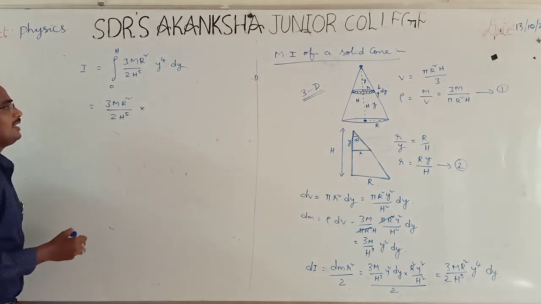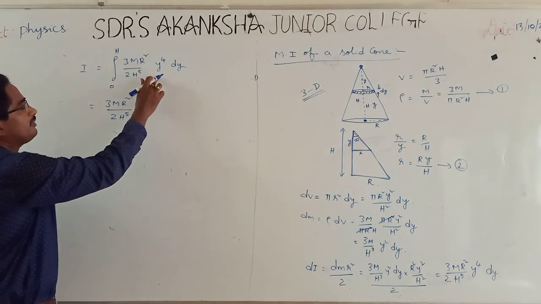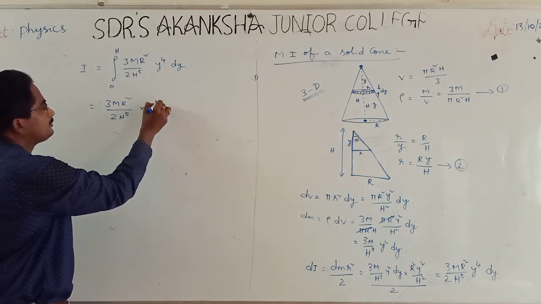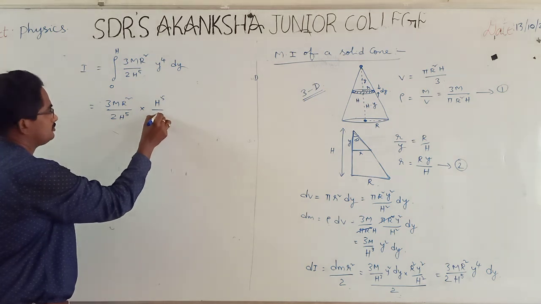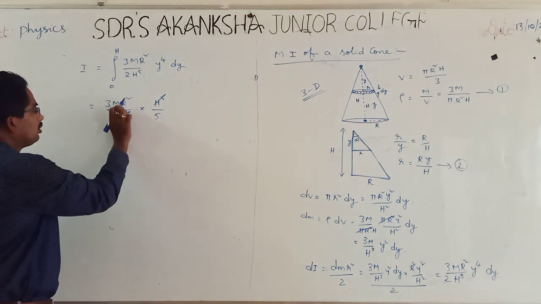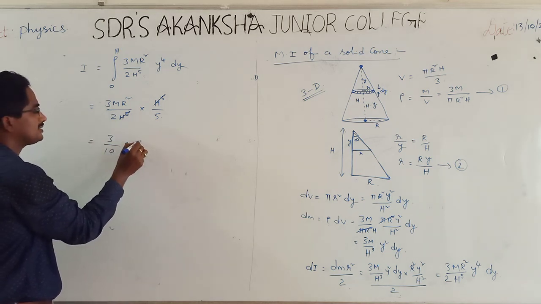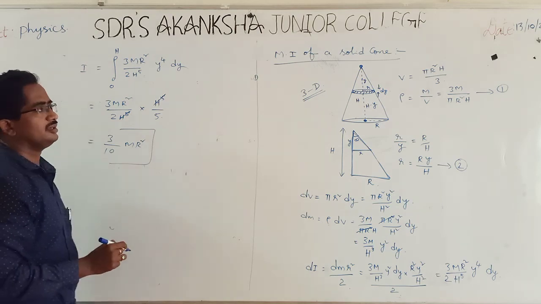Then under integration, we have y power 4 dy. That's value y power 5 by 5, that means h power 5 by 5. Okay. Then this cancels. Totally we are getting 3 by 10 mR square. This is the answer for this solid cone.